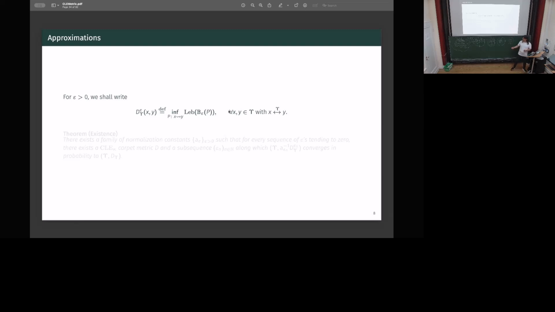And of course, as epsilon goes to 0, this guy will also go to 0. So we need some normalization. So what we can prove is that there exists a family of normalization constants such that for every sequence of epsilon going to 0, there exists a subsequence such that these approximations converge to some CLE carpet metric. So in particular, this shows the existence of our CLE carpet metric.